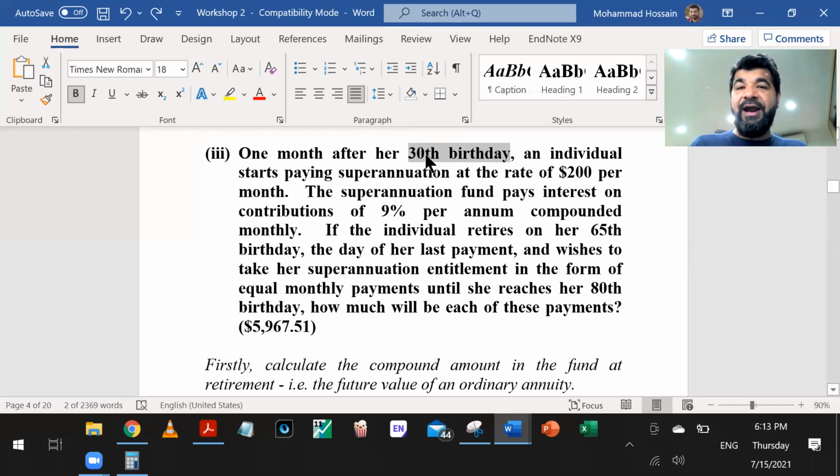Look, 30 to 65. It means 35 years. And every month, so 35 into 12 and into M. Till 65th birthday. And after that, after the 65th birthday, she will retire. After the 65th birthday, she wants to receive payment from the company till her 80th birthday.